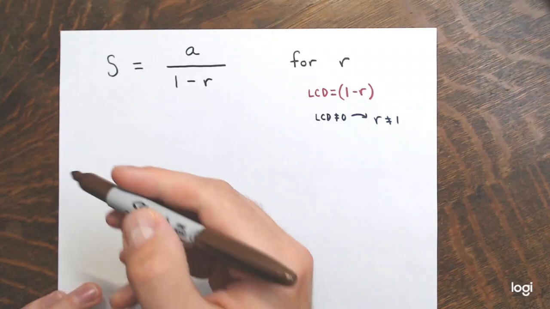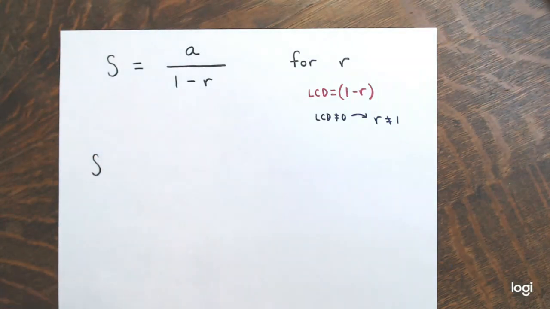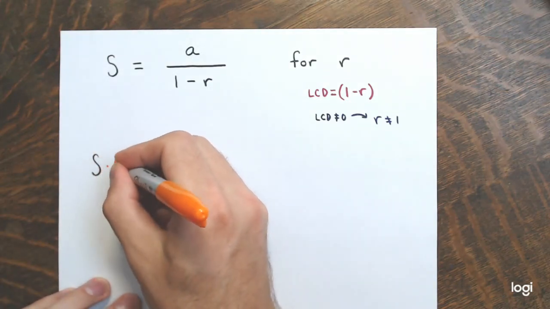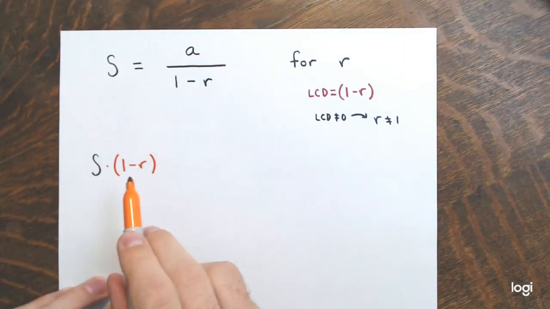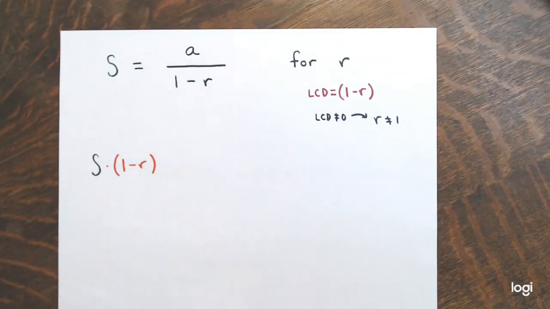Alright, so then comes the multiplication by that LCD. The left side was s, and that is getting multiplied by the 1 minus r. The LCD, the whole thing, not put in parentheses, we're multiplying both sides by the entirety of 1 minus r.